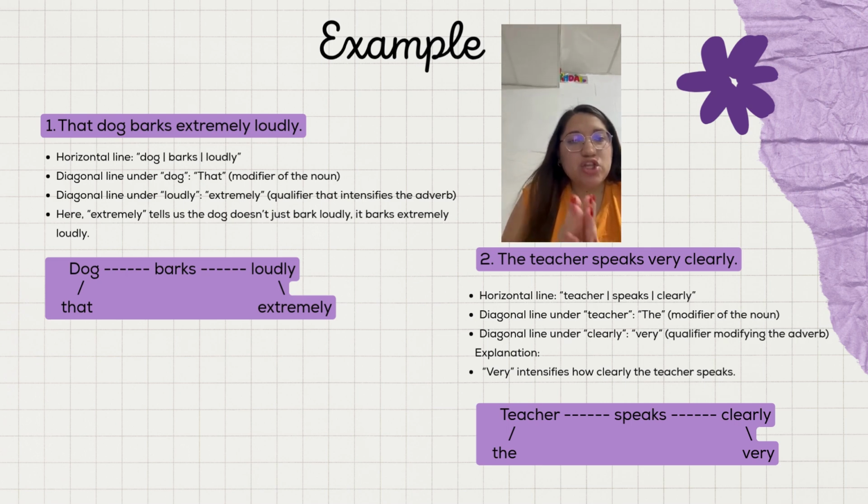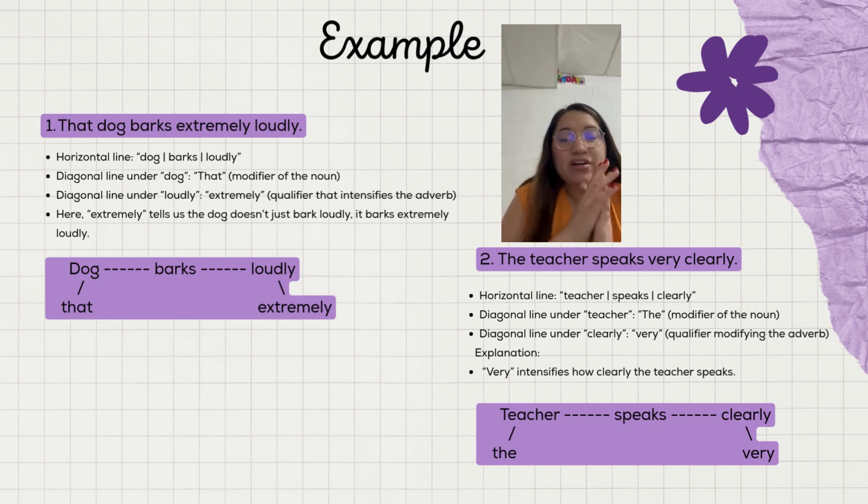And number 2: the teacher speaks very clearly. Horizontal line: teacher speaks. Diagonal line under teacher: the, which modifies the noun.